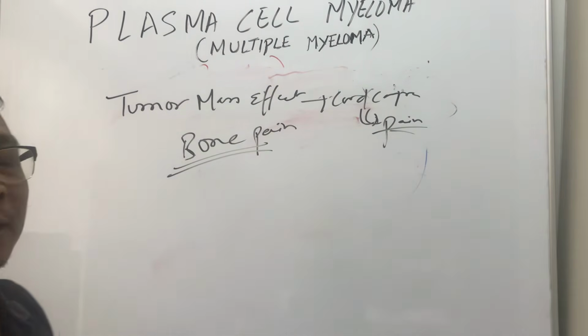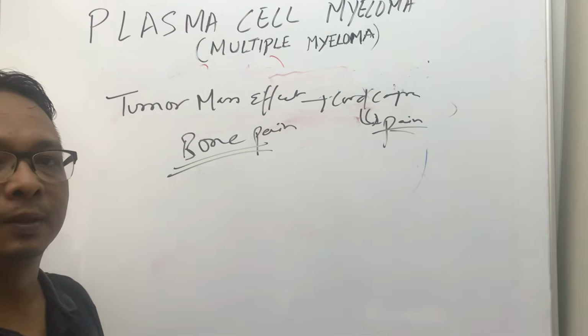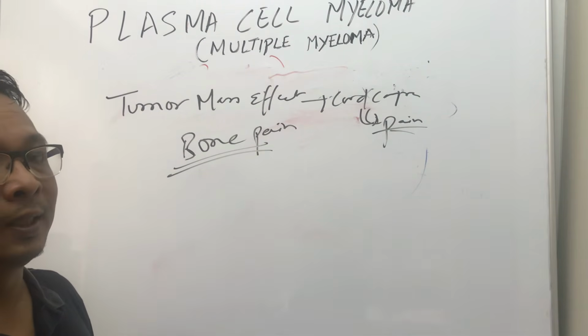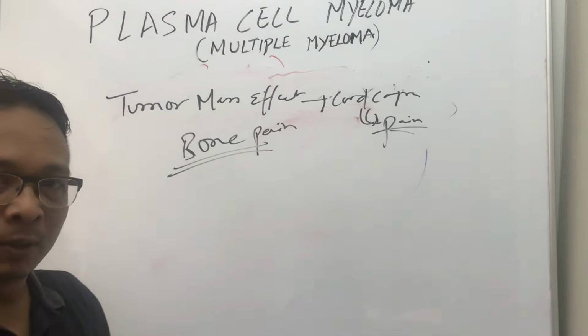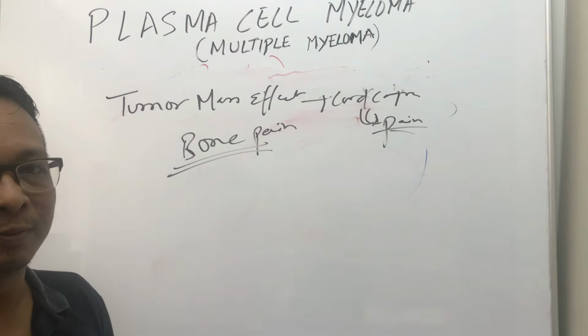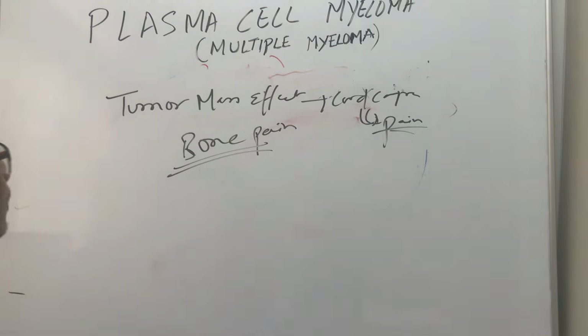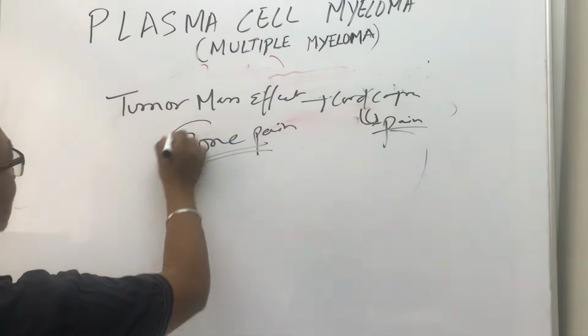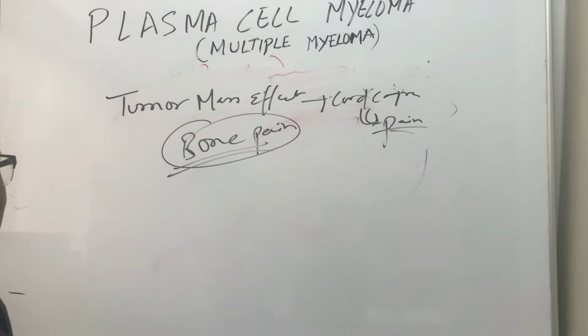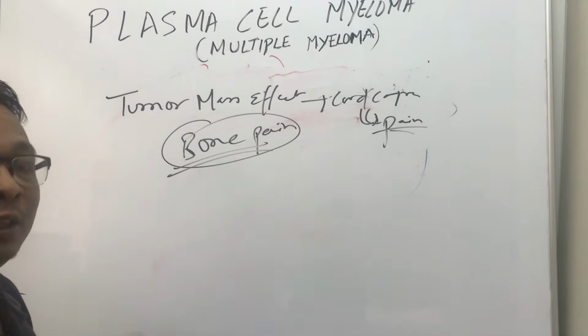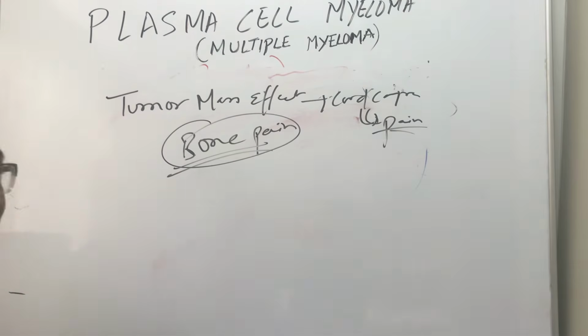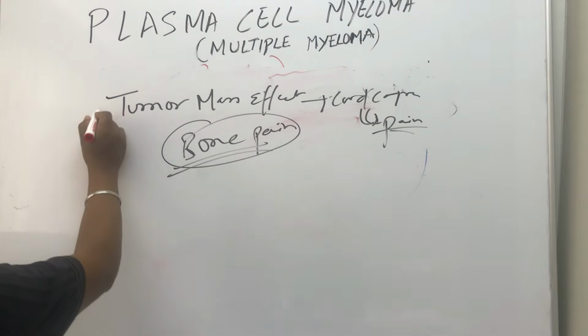The bone pain is because of the compression of the nerves, like peripheral neuropathy kind of symptoms. It can be because of osteolytic fractures of the bones, vertebral compressions, and this is one of the things that multiple myeloma patients usually present with before getting diagnosed. They usually present with bone pain.